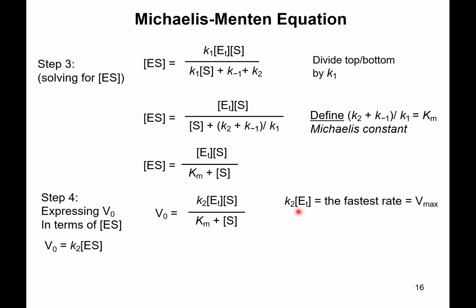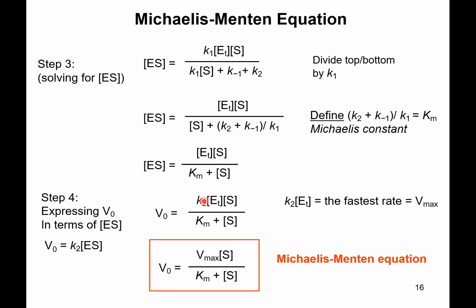K2 times total enzyme concentration turns out to be the fastest rate you can have, which is the Vmax. So this term simplifies further to Vmax, and what we get finally is the Michaelis-Menten equation. V naught, or reaction velocity, equals Vmax times substrate concentration divided by Km plus substrate concentration. So this right here is really the important part to remember.